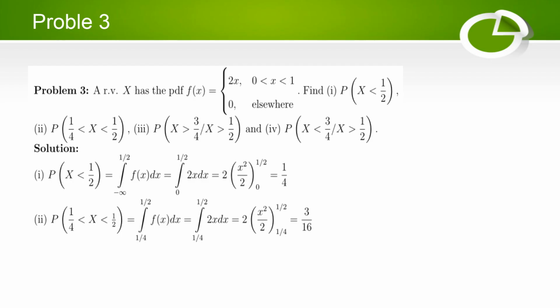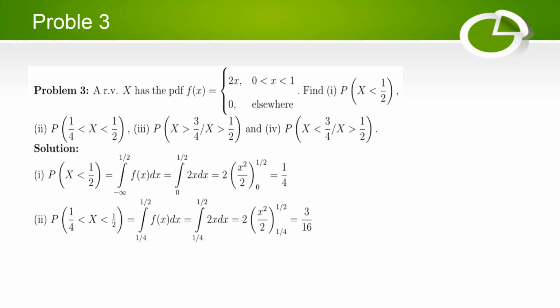Solution: P of x less than 1 by 2 equals the integral from minus infinity to 1 by 2 of f(x) dx, which equals the integral from 0 to 1 by 2 of 2x dx, which equals 2 into x squared by 2 with limits 0 to 1 by 2, equals 1 by 4.